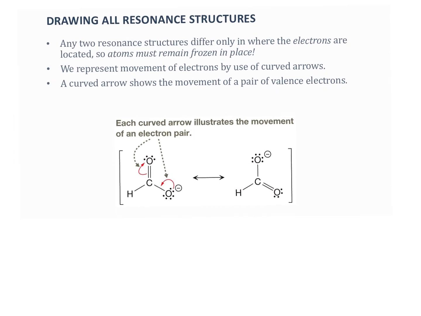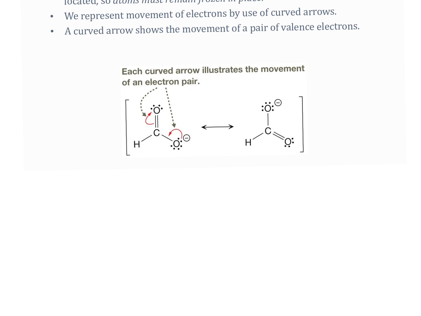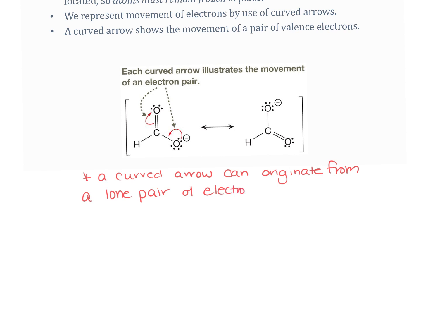Now, I want to make some notes here about these curved arrows. A curved arrow can originate, which means it can start, from a lone pair of electrons. And there's an example here where it starts from a lone pair of electrons.